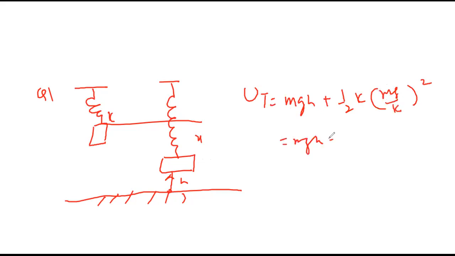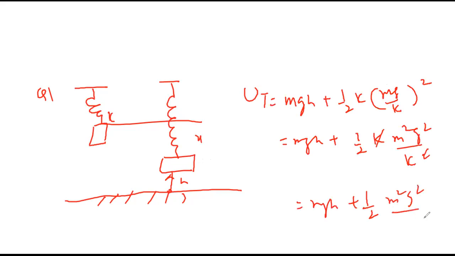So in this case it will be mgh plus half k m square g square upon k square, one k cancels. So mgh plus half m square g square upon k is the total potential energy if we consider the reference at height h where the body comes. So this is also one of the cases of spring block system.